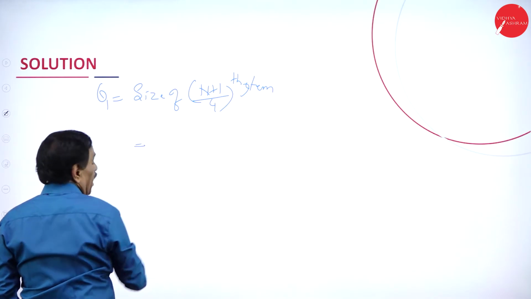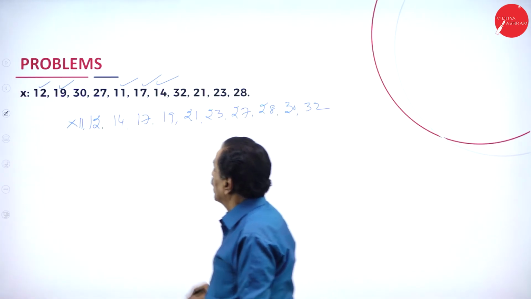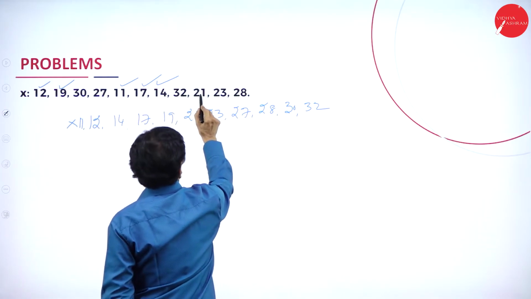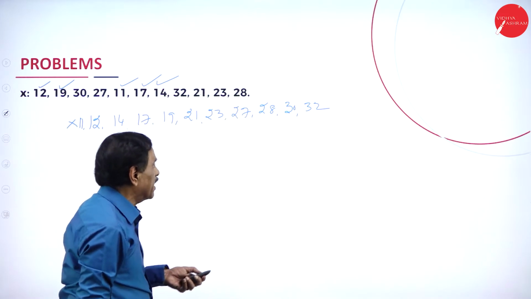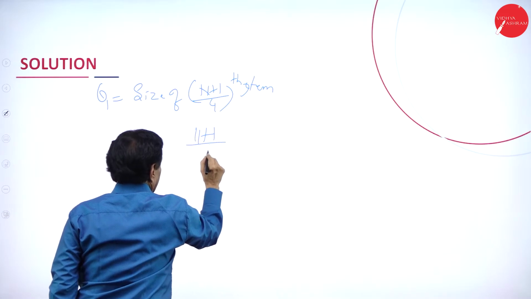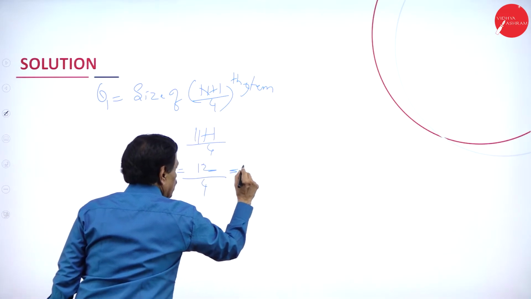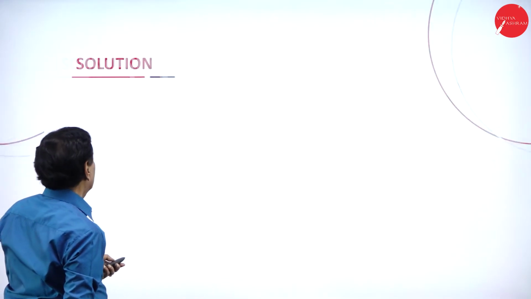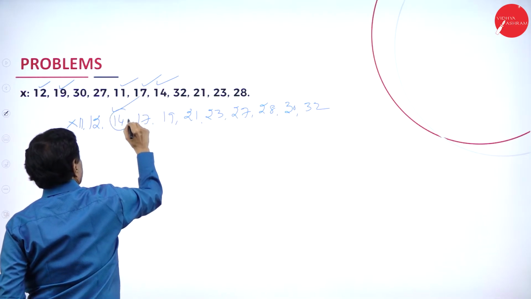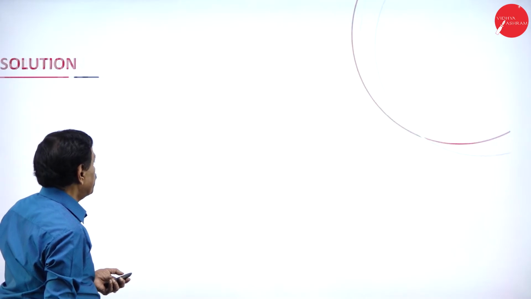That is, 11 plus 1 divided by 4. This is 12 divided by 4, which is equal to 3. So Q1 lies on the 3rd item. The 3rd item is 14. This is your Q1.